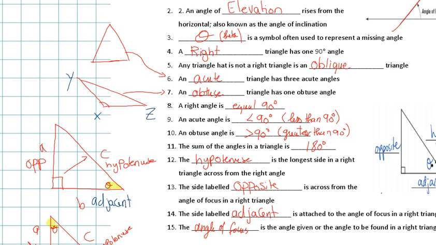Which one is the greatest angle? X. Remember there's no hypotenuse here because there's no 90 degree. You only have a hypotenuse with a 90 degree angle. Looking at this one, it's an obtuse triangle. The biggest angle is angle X. Do you guys agree with that?